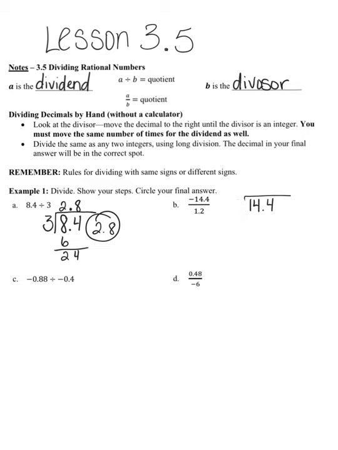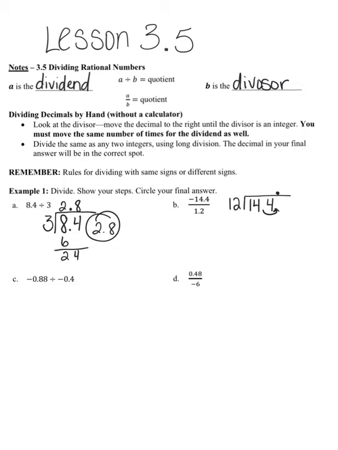So I can rewrite this here, where I've moved the decimal point, and I'm going to do the same thing to 14.4. I'm going to move the decimal point over, and now I'm going to move it straight up. And now I can just divide like normal.